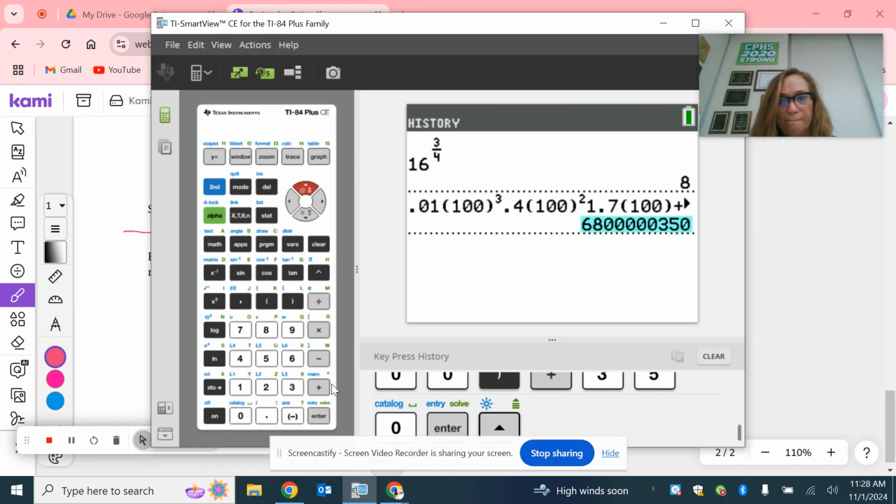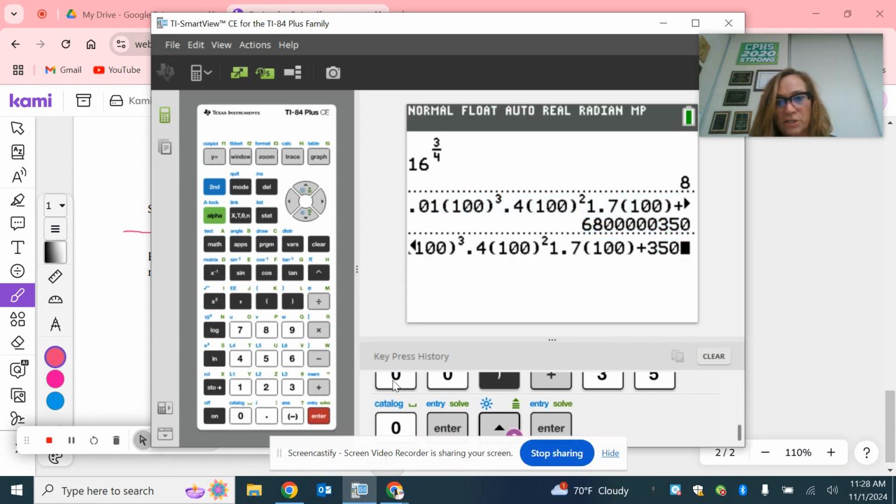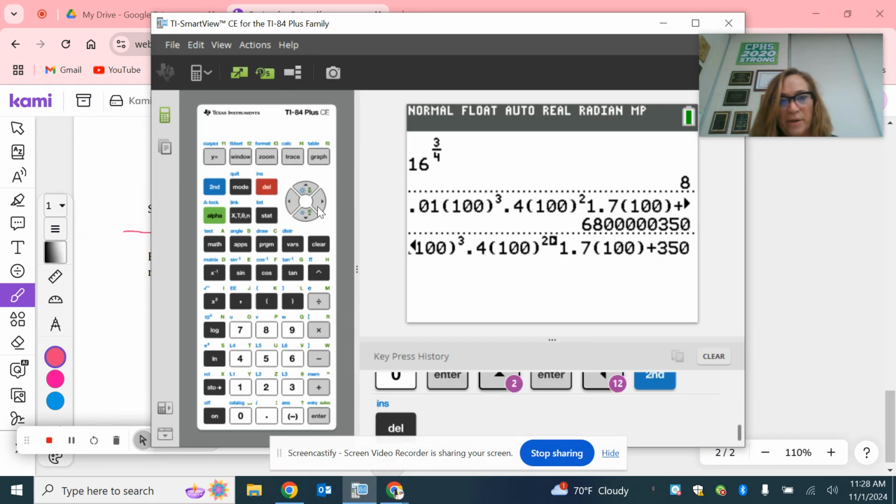Okay. I just want to make sure I typed it right. So 350. Oh, see, I didn't type it right. I forgot something here. I knew I might have typed it wrong.